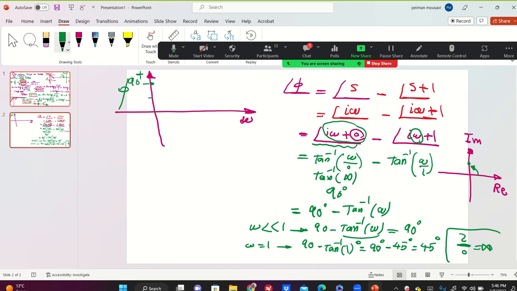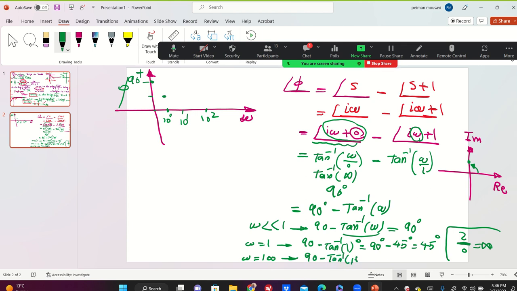So say here is 10 to the 0, 10 to the 1, 10 to the 2. Here is say 45. So this is this number, at omega 1. At omega 100, it's going to be 90 minus tangent inverse of 100.